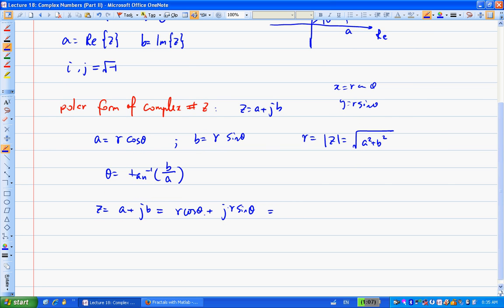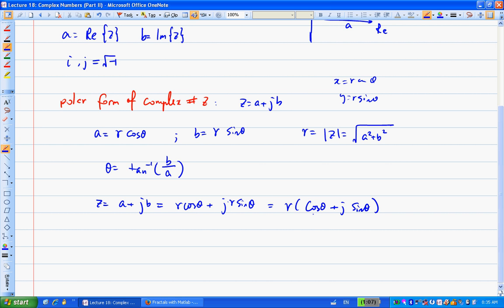So you can take out this r right here, which gives r times cos theta plus j sine theta. So given a complex number, you should be able to figure out the corresponding r and theta, and you will be able to have this kind of writing here.